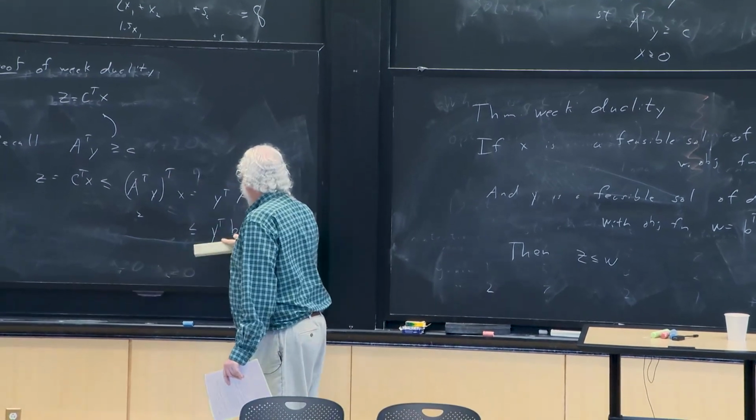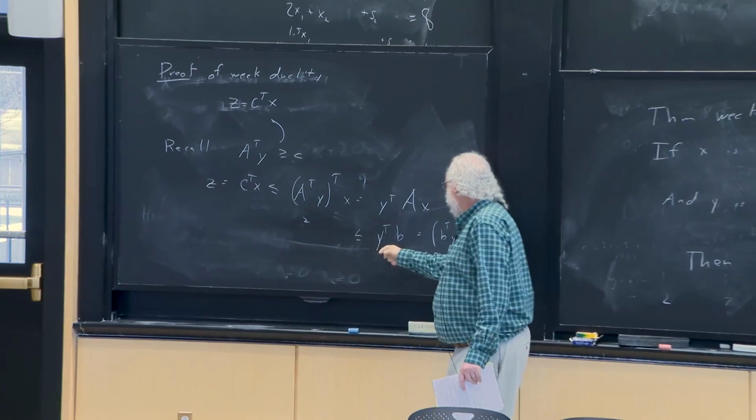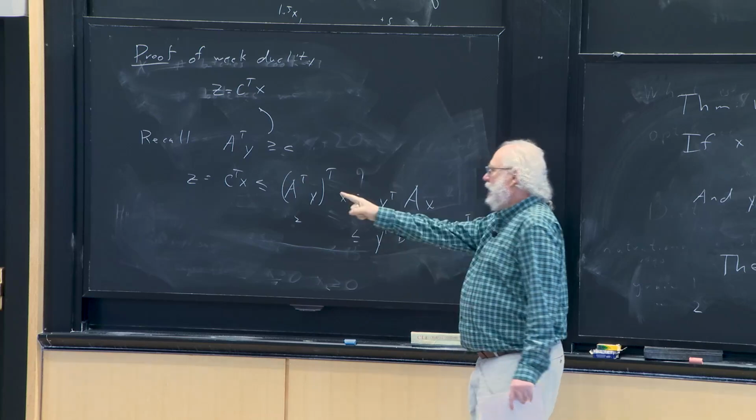So that says that Z is less than or equal to this thing, which is less than or equal to this thing, which is equal to W. So Z is less than or equal to W.